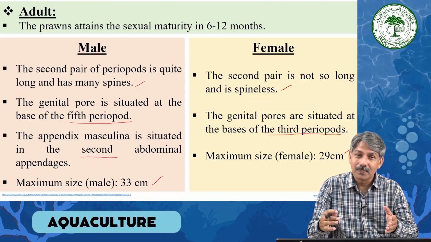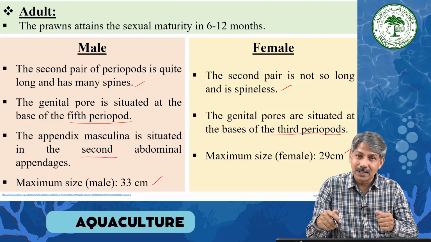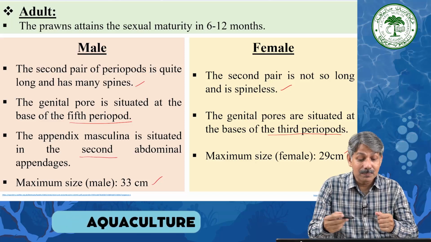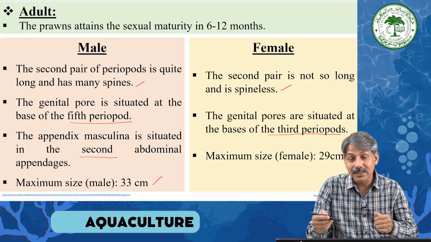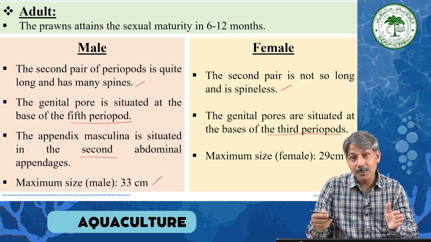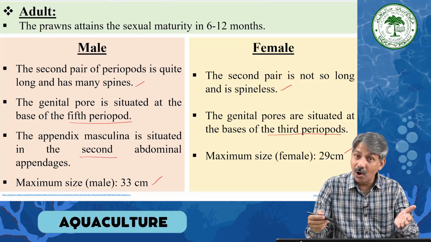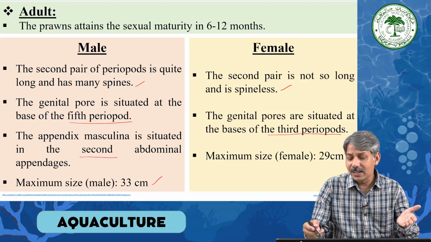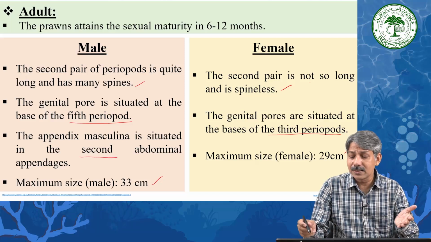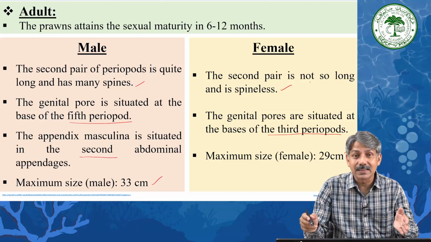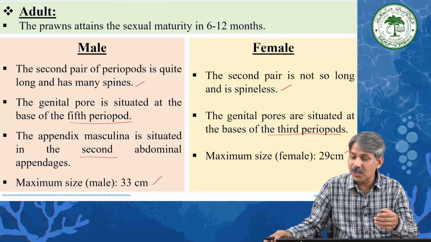They are very long compared to the female, and they have many spines in case of males. So if the second pair of periopods has spines, many spines, and it is long, then it is male. And in case of females, it is not so long and is spineless. So the absence of a spine is the thing to look for.